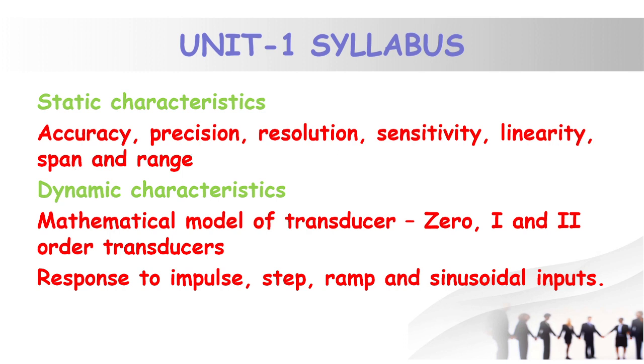Whereas dynamic characteristics completely depend upon the mathematical order of transducers, like zero order, first order and second order transducers. For all of these, we will be learning how the response is calculated with the help of impulse, step, ramp and sinusoidal inputs.